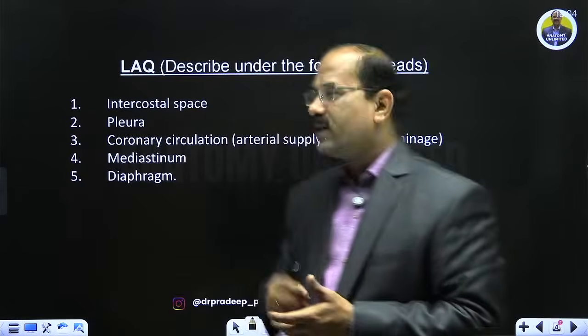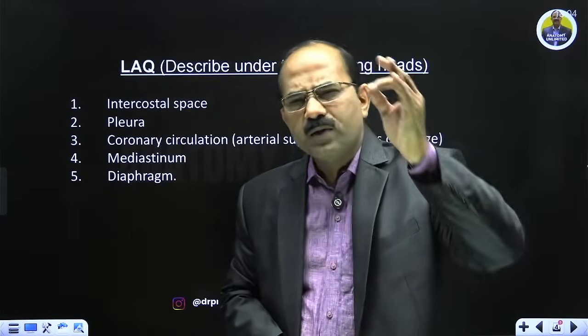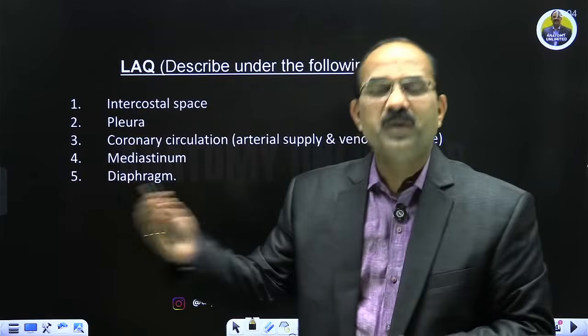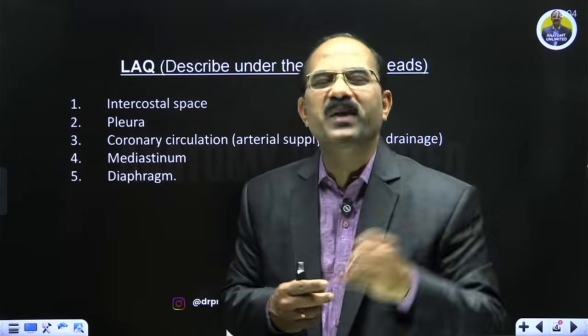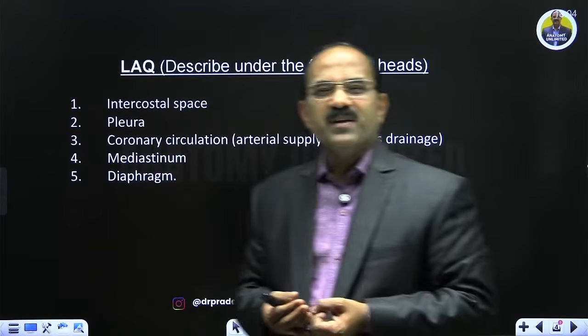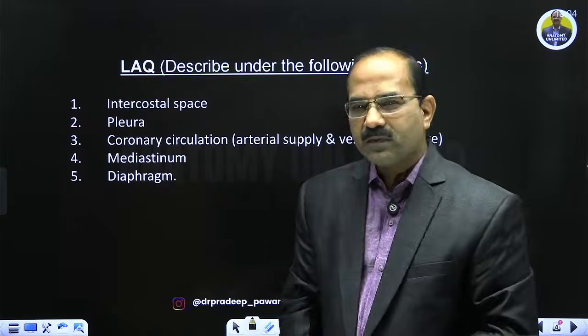I always say that when you prepare an LAQ, many SAQs are automatically done. When you prepare the intercostal space, azygos vein is done with it, intercostal nerve is done with it, muscles are done, movements of respiration are done along with the intercostal space.